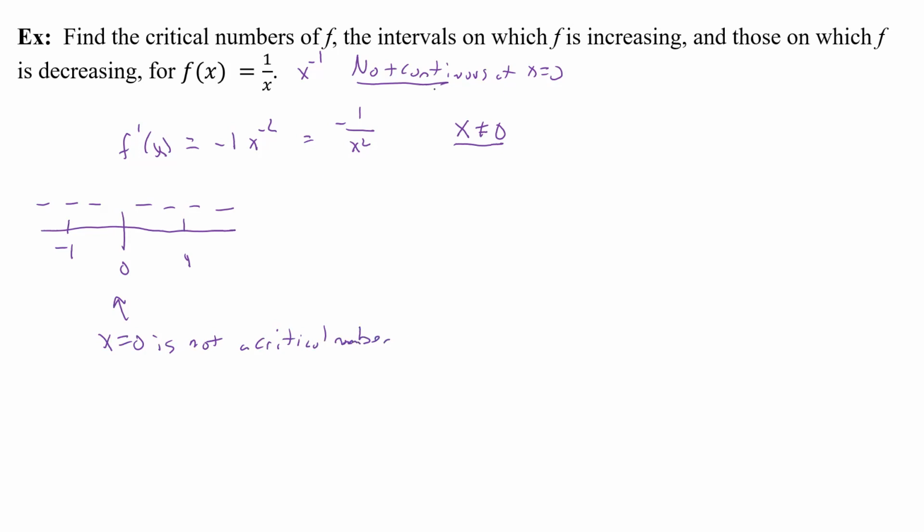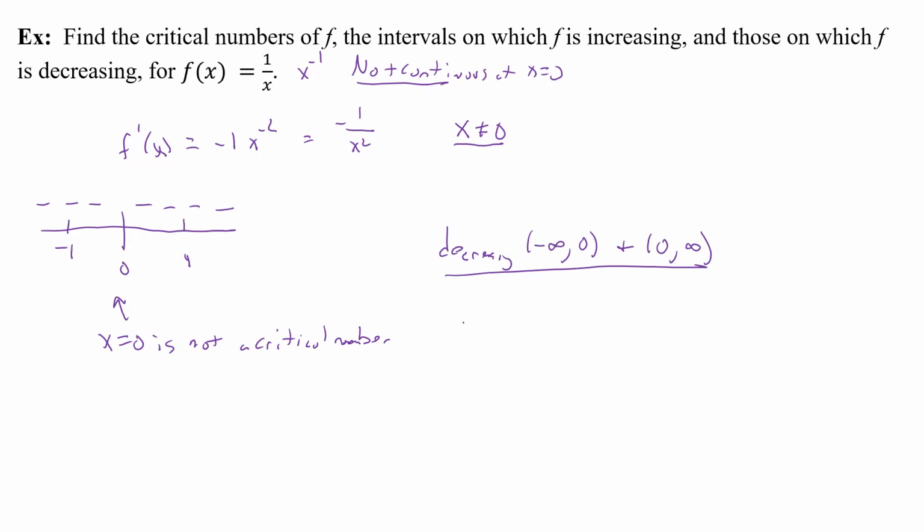Now, if this had been continuous here, then we would say that it would be a critical number. But because it's not continuous and we can't be equal to 0 here, all we can say is that it's decreasing from negative infinity to 0 and from 0 to positive infinity.